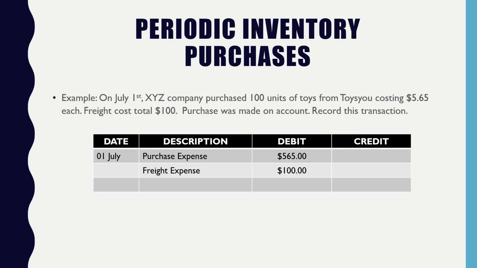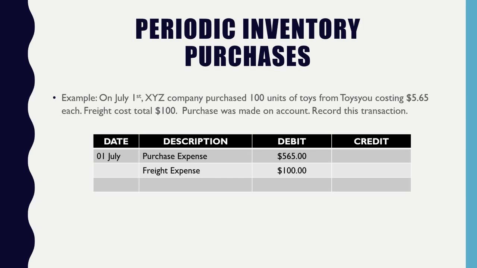Okay? Freight cost, as we know, is separate from actually buying the product from the vendor, right? This is the cost that you have to pay to get the items to your store. So this is going to be considered an additional cost it takes for you to get your inventory up to your store.